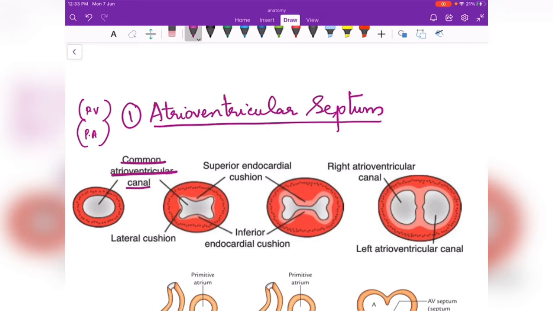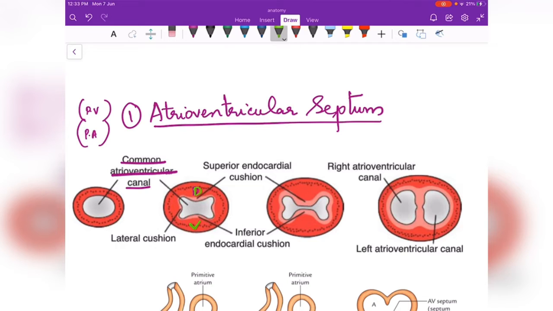On the ventral and the dorsal aspect, or the anterior and the posterior walls, there will be the development of the endocardial cushions. Also on the lateral walls, the right and the left side. So two pairs of cushions develop.